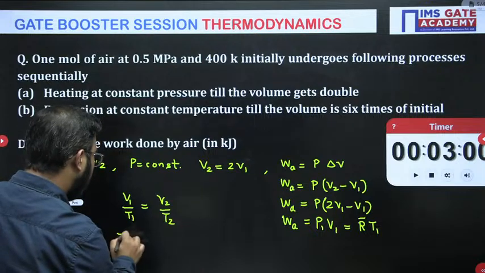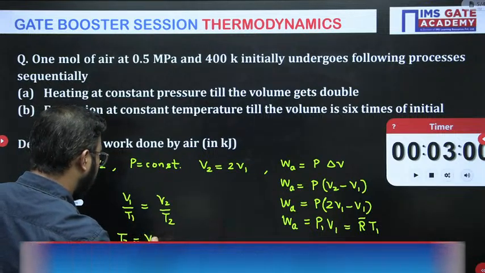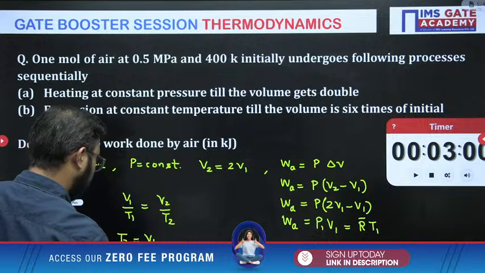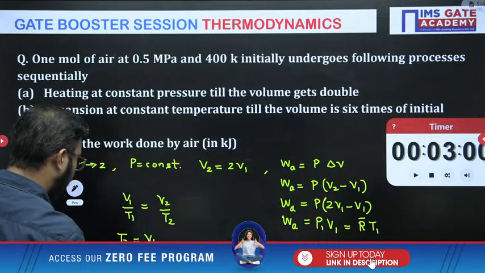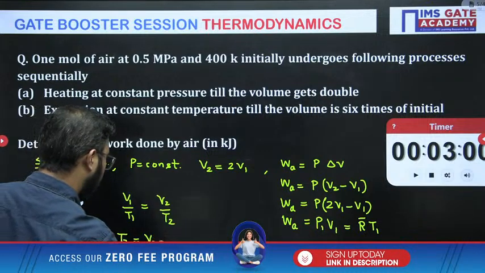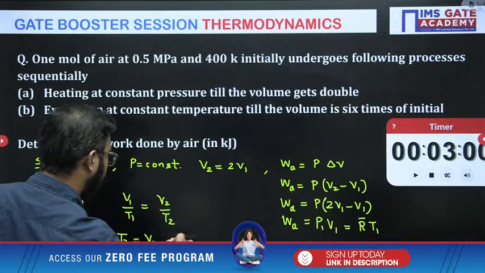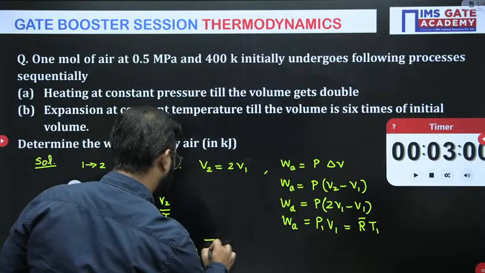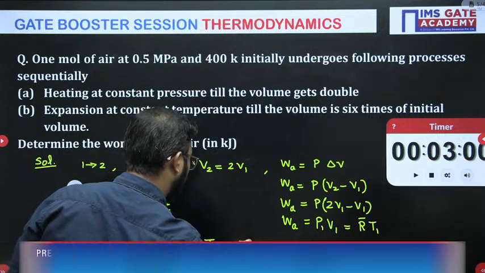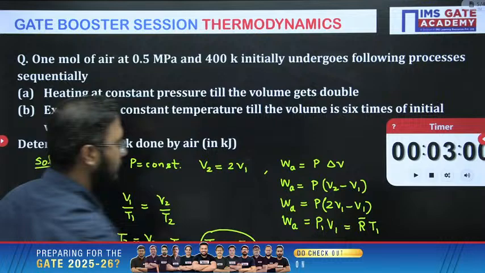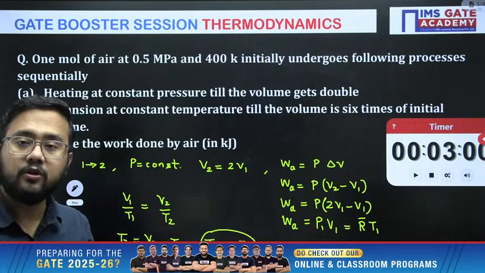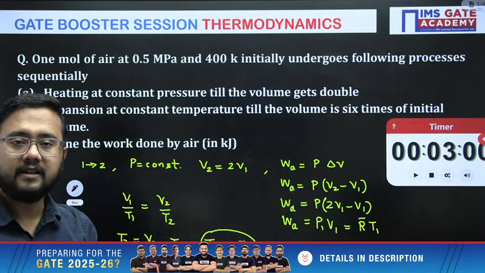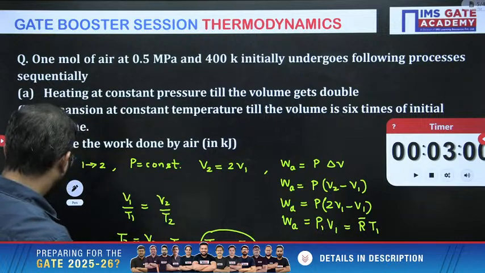Now T2 I need to write, so V2 by V1 multiplied by T1. What is V2 by V1? That is 2. So we got the answer T2 equals to twice of T1. This is the value we got. That's how we have to use the given data. Please understand. So T2 equals to twice of T1.